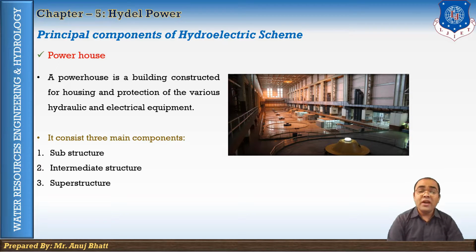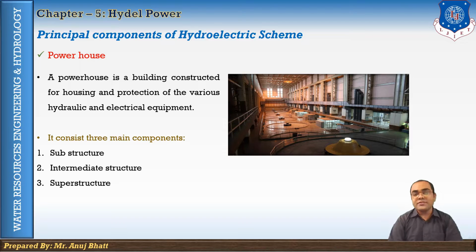Talking about the intermediate structure, the turbines, their casings, the governor, the gates, and the valves, all these equipments are considered part of the intermediate structure. So these are all housed in the intermediate structure. It extends from the top of the draft tube to the generator floor.